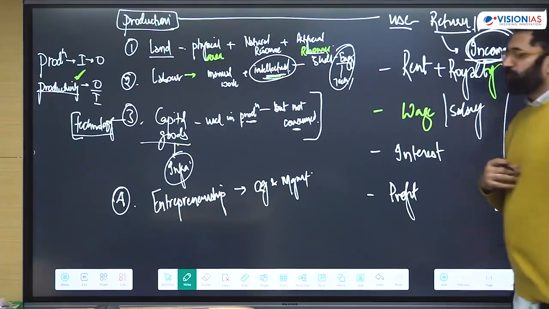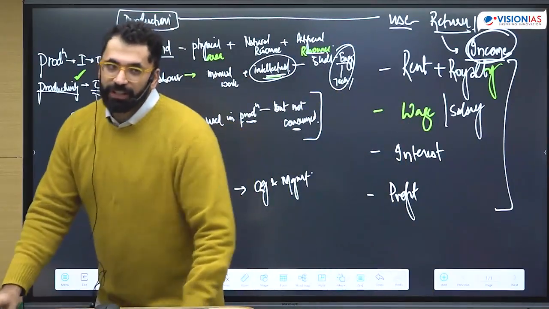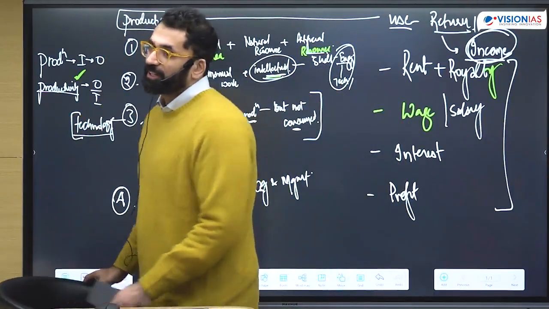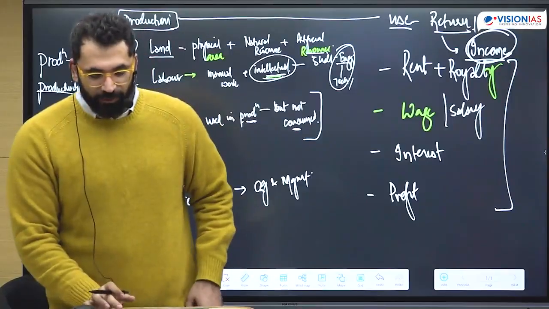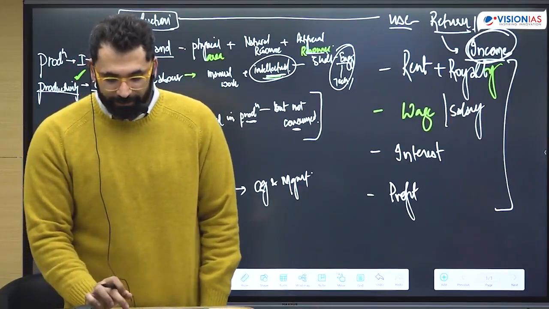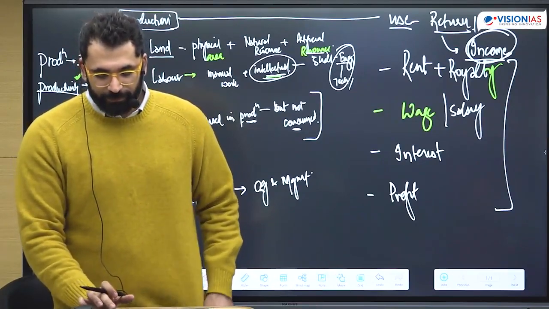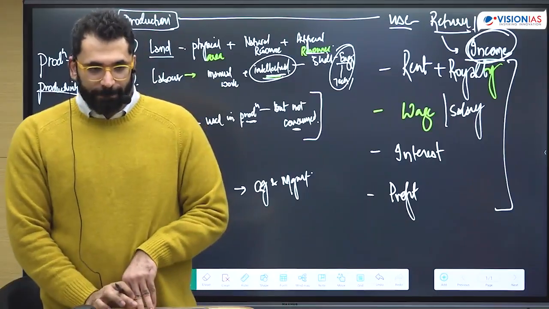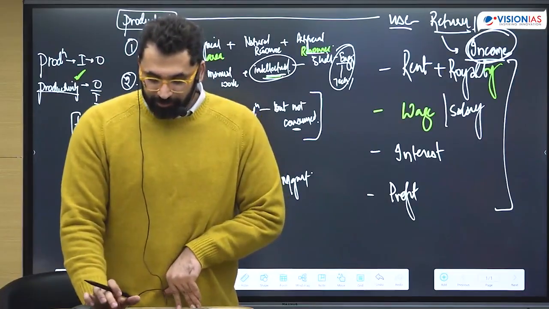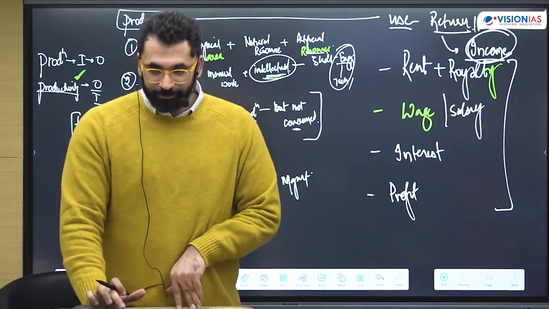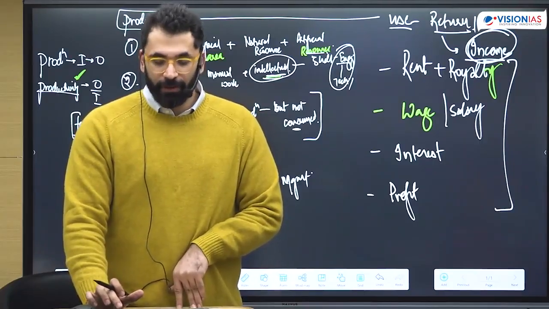For initiating the production process, there are 4 factors required. That is land, labor, capital, and entrepreneurship.